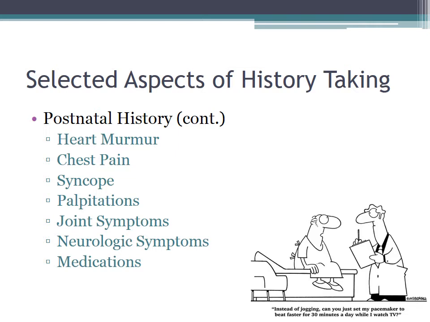Joint symptoms is another important point. If it's the primary complaint, you've got to think about acute rheumatic fever or rheumatoid arthritis, although the incidence has dramatically decreased in recent years in the United States. We want to ask about the number of joints involved, the duration of symptoms, whether it's migratory or stationary.